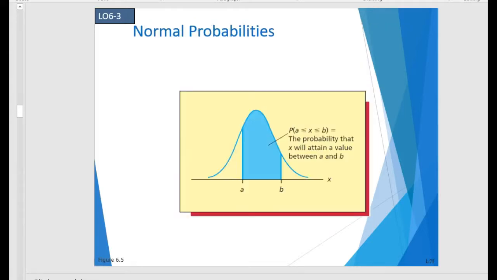Okay, so this is how we find probabilities with the normal curve. We're looking at an interval. This is something we described when we were looking at the uniform distribution, which was another continuous one. So we have an interval from A to B. This is the probability that X is between A and B. This is just the visual representation of that.